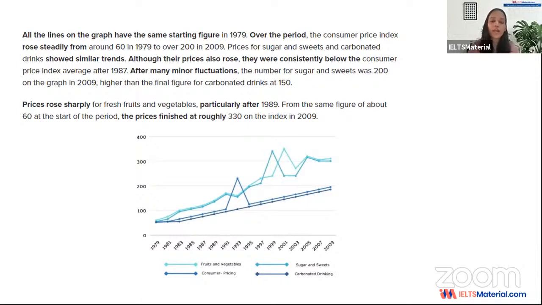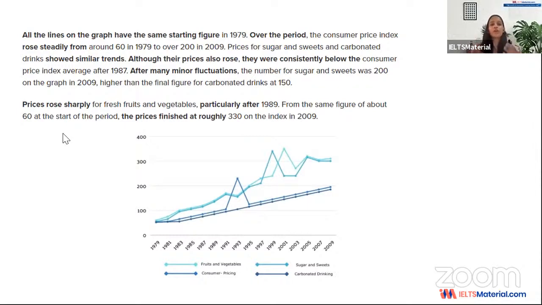Make sure that you try to write at least 2 body paragraphs, and definitely it will help you to achieve band 7 and above. Of course, that will come with constant practice. So I hope you have understood the structure, the vocabulary, and how to actually go about this particular line graph.